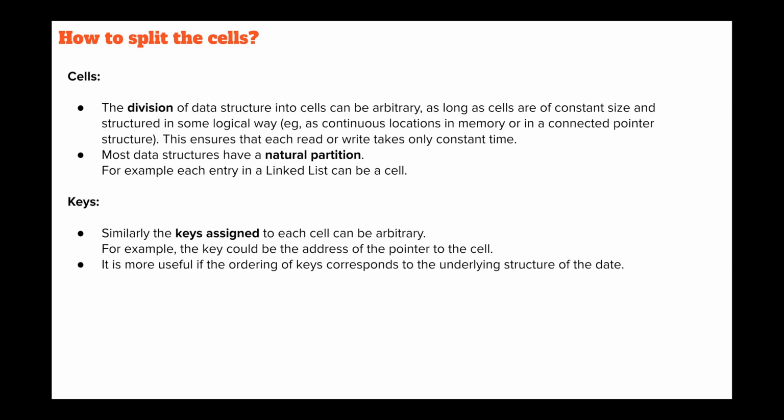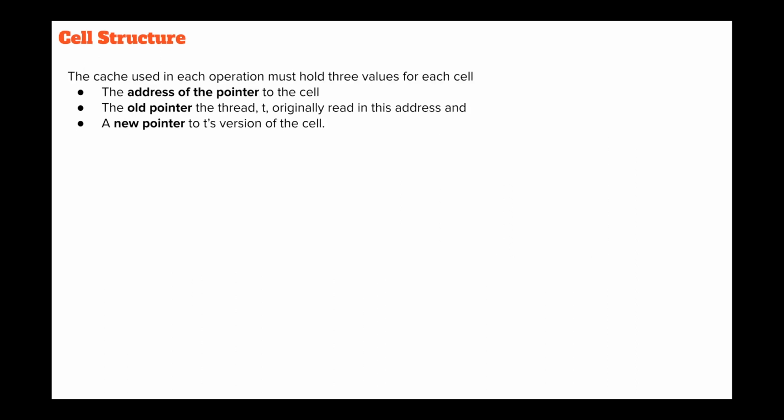How are the cells split? Essentially, it follows the ideas of Lee's fragmentation rule. So for a linked list, there is this natural partitioning where you can partition each cell as each linked list node. And for keys, we can assign keys anything, but you can also use the keys as a pointer, address, or something of that sort.